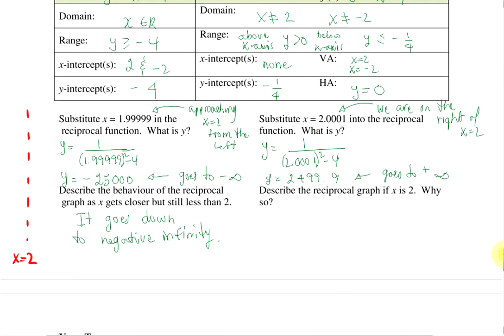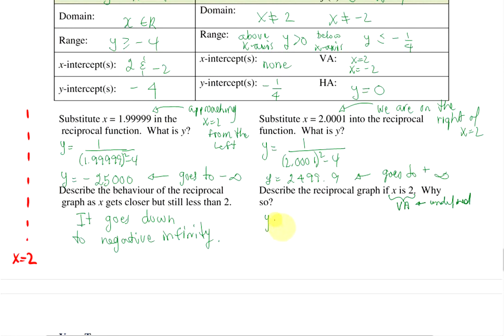Now describe the reciprocal graph if x is 2. Because this is our vertical asymptote, it means that at this point it's undefined, and the graph never actually touches x equals 2. So what does happen?